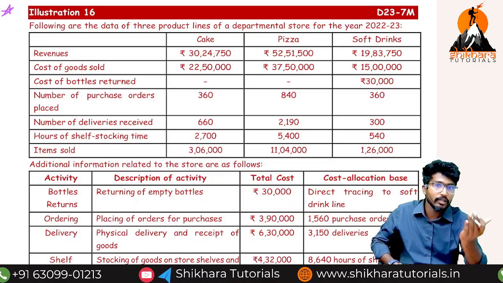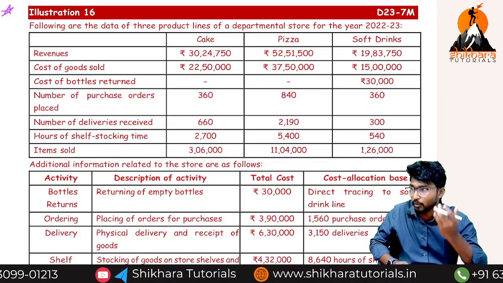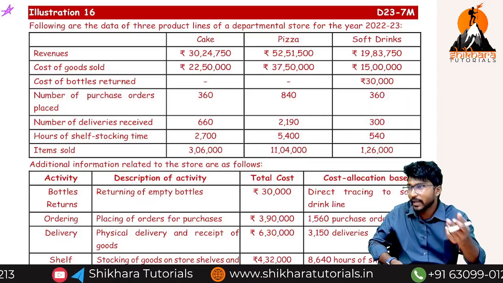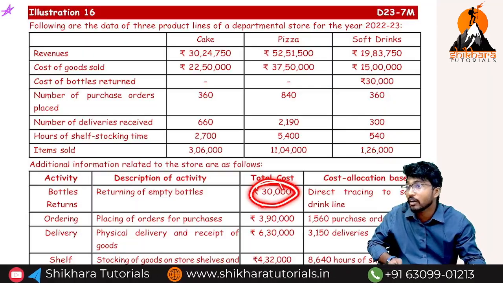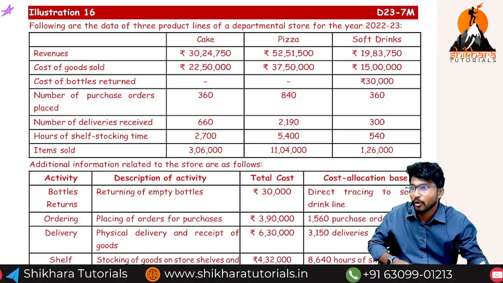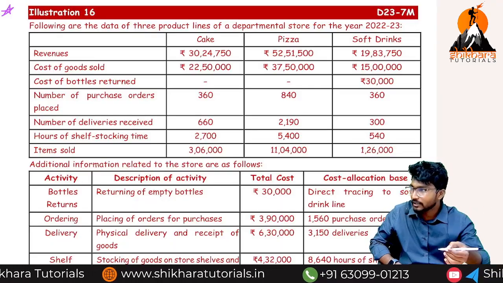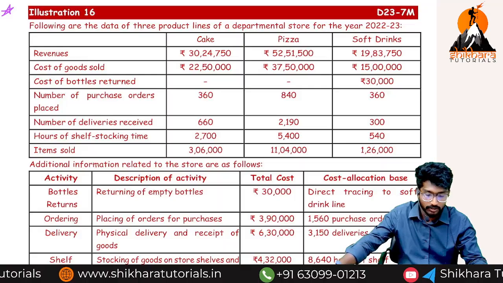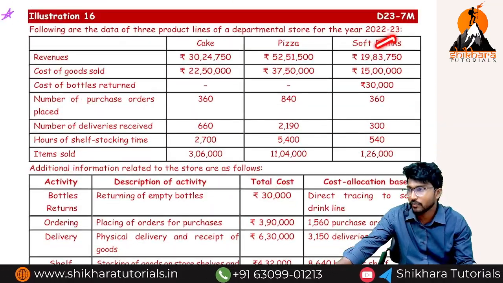I received an extra 30,000 towards the bottle. If the customer returns the bottle to me, what do I have to do? I have to pay back that 30,000. Now I am taking it as my cost. Bottle returning cost. If bottles are returned from the customer, I have to pay back their amount of 30,000. It is only for whom? Soft drinks.